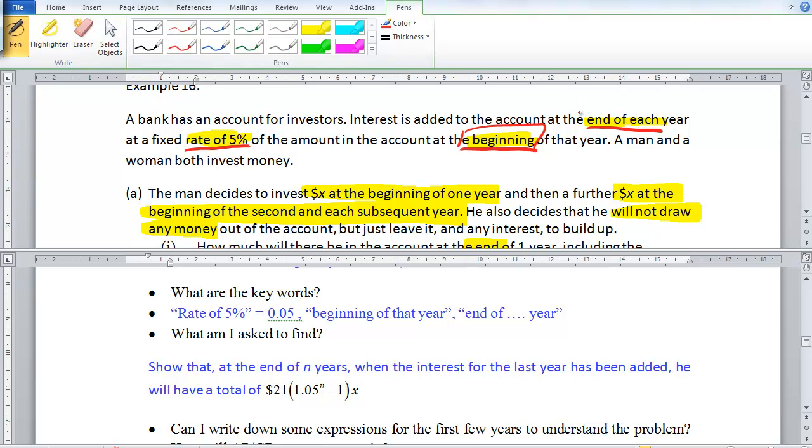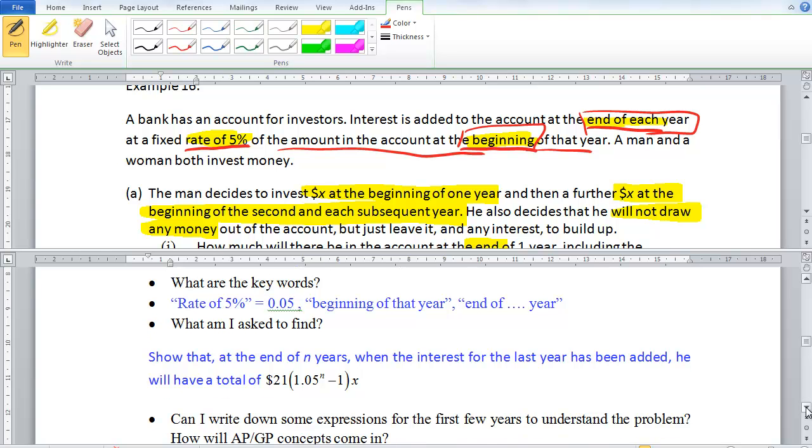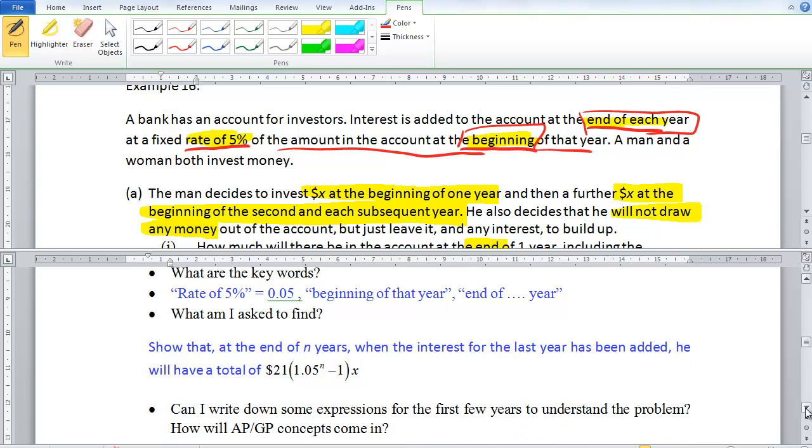At the end of each year, the interest is added to the account, and the amount added is 5% of the amount in the account at the beginning of that year. So we know that rate is 5%, which converts to 0.05. The man put in X dollar at the beginning of each year, and the question is always about what he has at the end of each year.